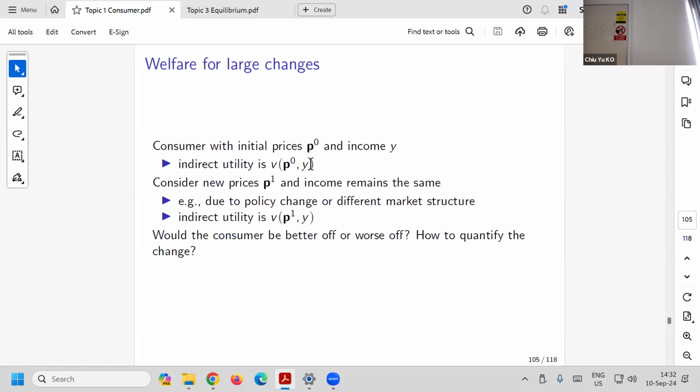So the question is, is the consumer better off or worse off? How do we quantify the changes? Because price is a vector, many prices, you change some prices, you increase something, you decrease something. So how does that work? Is the consumer going to be better off or worse off?